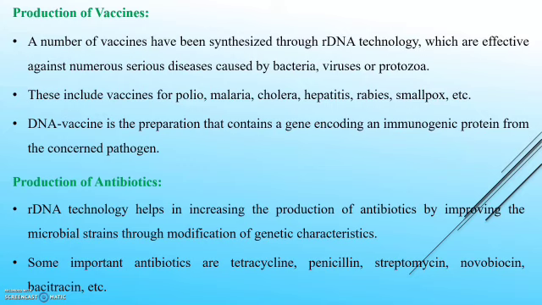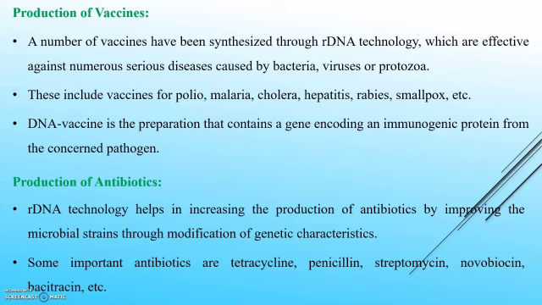These vaccines are effective against numerous diseases such as polio, malaria, cholera, hepatitis, rabies and smallpox, etc. The generation of DNA vaccines has revolutionized the approach of treatment of infectious disease. A DNA vaccine is a preparation that contains the gene encoding an immunogenic protein from the concerned pathogen.